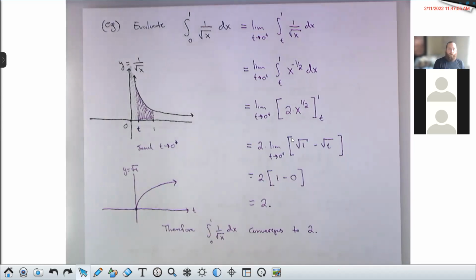I have a quick question for you. Is this a p integral? This is like 1 over x to the 1/2 in here, right? I could write this as 1 over x to the 1/2. Does that make this a p integral?